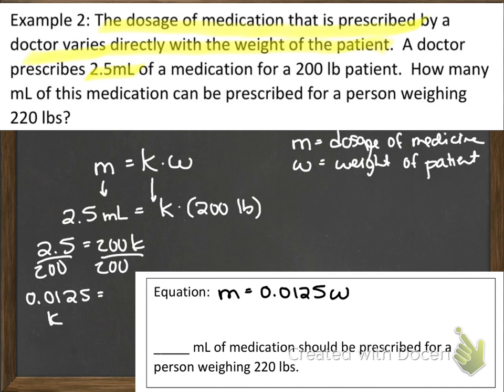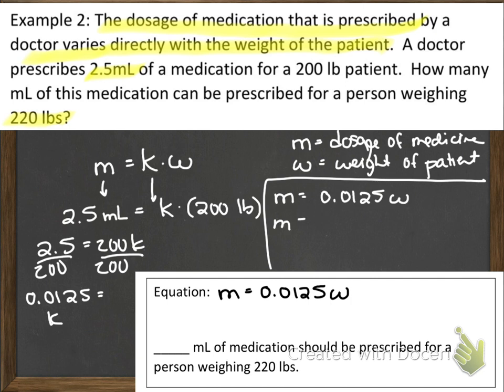So now let's use that equation to find how much medication we would give to someone who weighs 220 pounds. Again, we need to write out our equation. We have M equals 0.0125W, and the weight is given to us as 220 pounds.